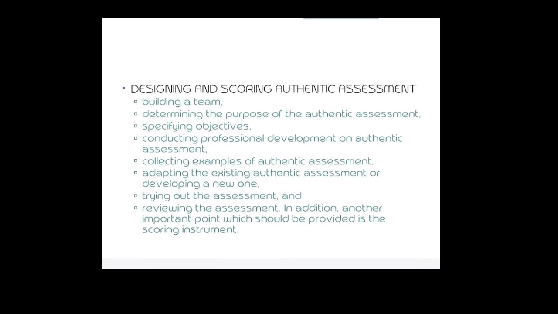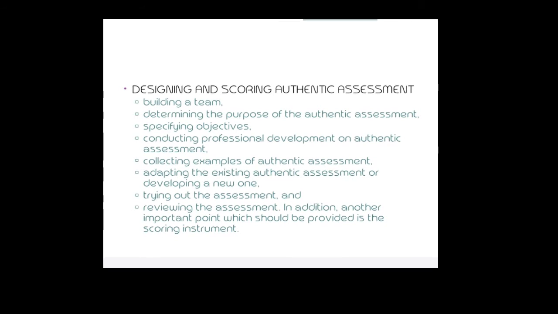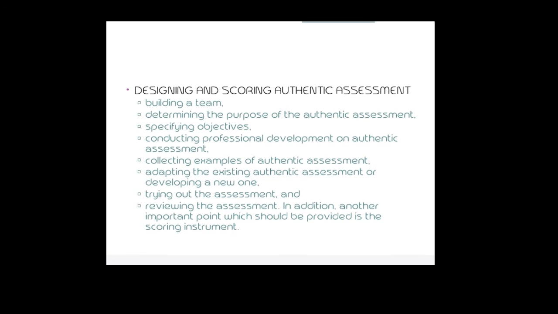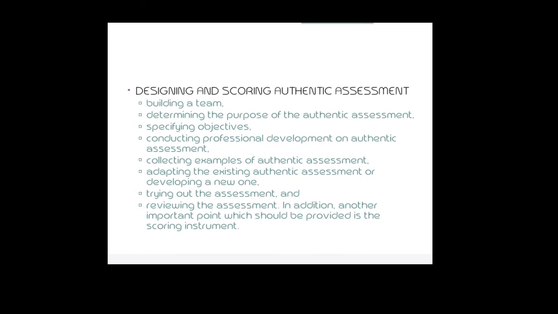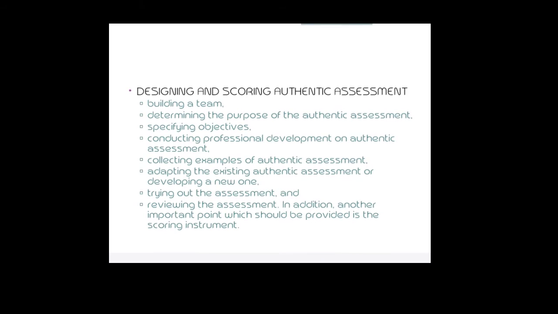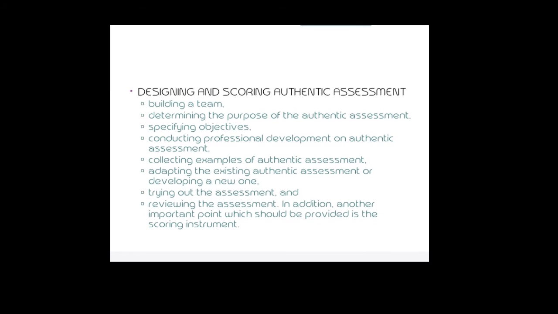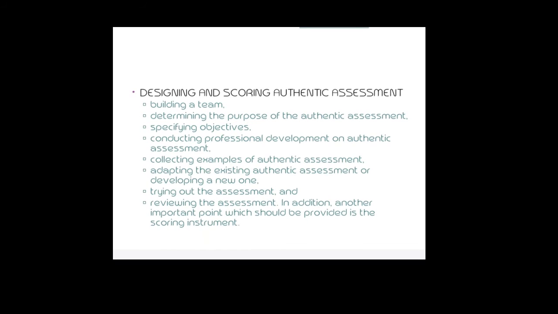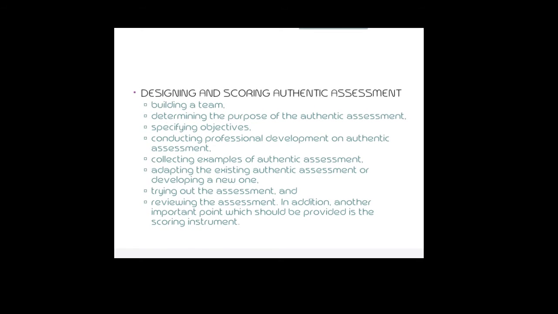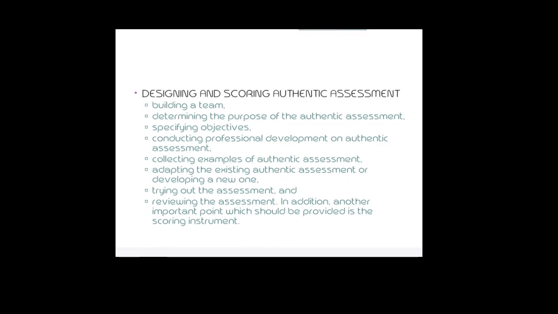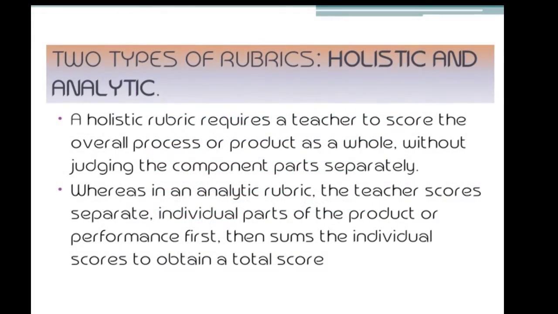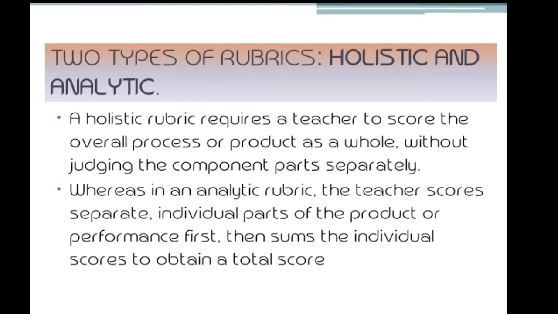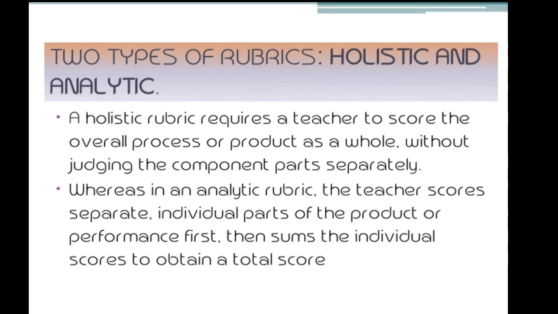In addition, another important point which should be provided is the scoring instrument. The authentic assessment is scored by using a rubric, rating scale, and a checklist. A rubric is a scoring guide consisting of specific pre-established performance criteria used in evaluating students' work on authentic assessment. There are two types of rubrics: holistic and analytic.